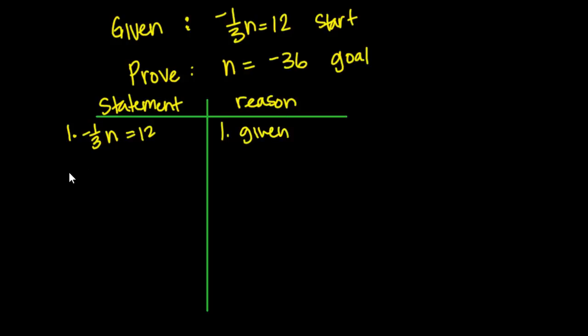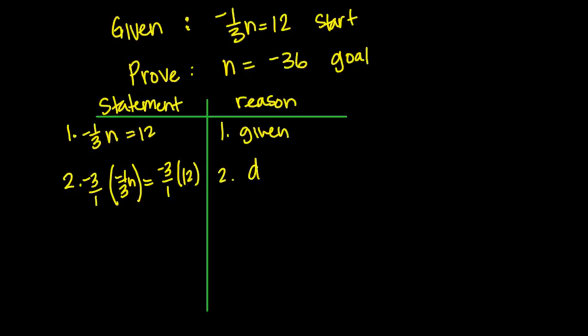All right, step number 2. How would I solve this? Well, I want to get rid of the negative 1/3. So my options are divide by negative 1/3, or I can multiply by the reciprocal, which would be negative 3/1. So again, I'm going to do that to both sides. So I have negative 3/1 times negative 1/3 n, and I have negative 3/1 multiplied by 12.